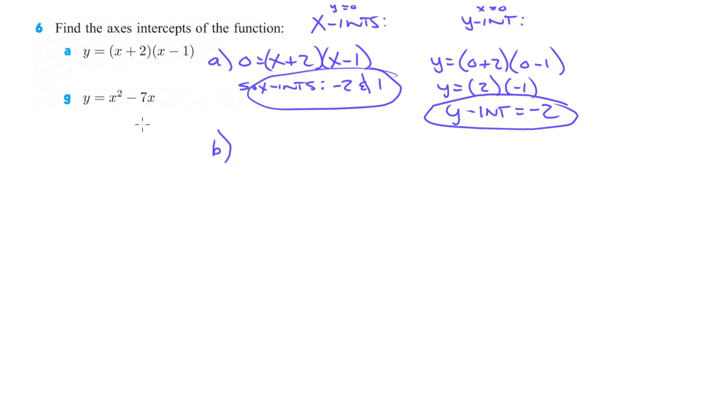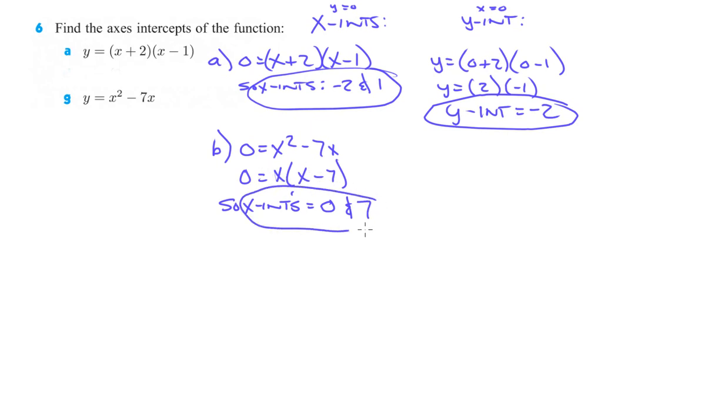Okay, so for B, do the same thing here. The x-intercept is when y equals 0, so we get 0 equals x squared minus 7x. We don't have a constant here, so I would say factor out an x from both of these, make our life easy. And that's going to be x times x minus 7. Okay, so our x-intercepts are going to equal 0, because 0 times negative 7 will give us 0, and also 7, because 7 minus 7 is 0, times the 7 is still 0.